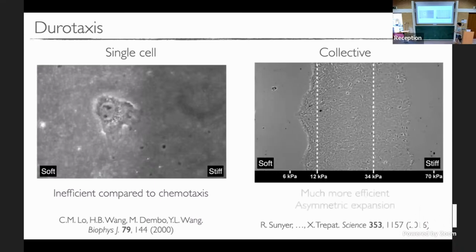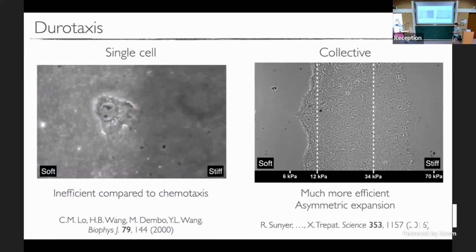This was exciting because now these collective systems can sense much shallower gradients in stiffness, and therefore durotaxis is much more efficient at the collective level than at the single cell level. The other thing that is important and I want to point out is that this is an asymmetric expansion. It's not really a coherent translation of the entire tissue toward higher stiffnesses. This is something I'll come back to in a second.